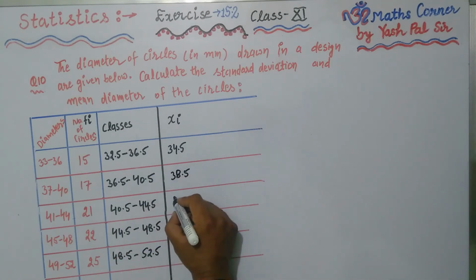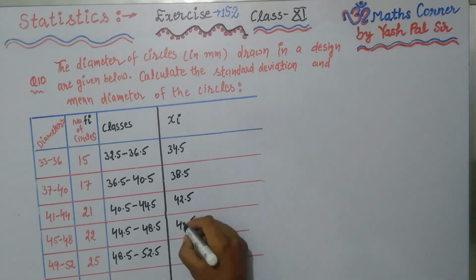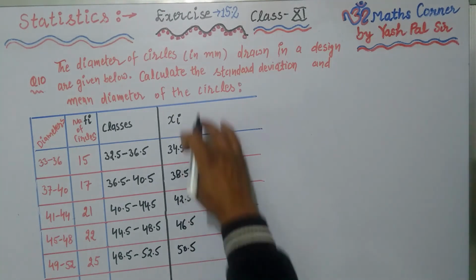Here this is 42.5. Next this is 46.5. Next we have 50.5. This is the midpoint, right?